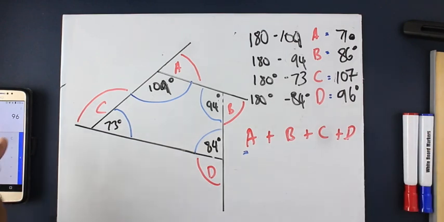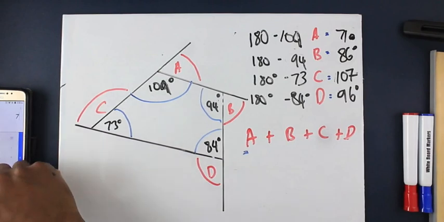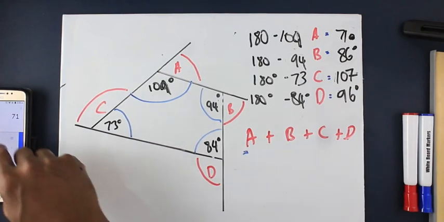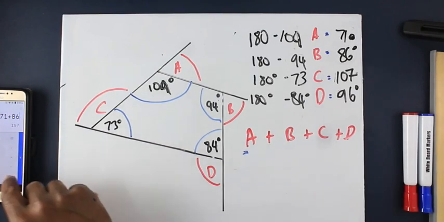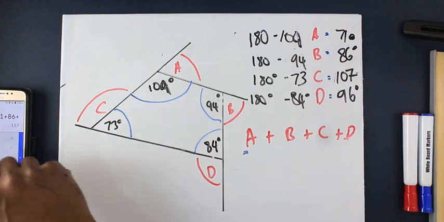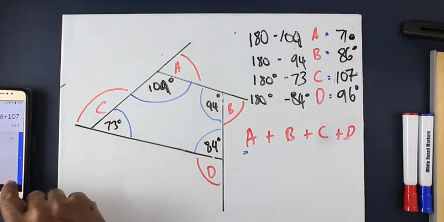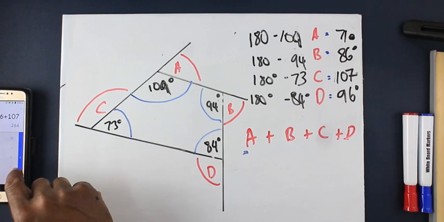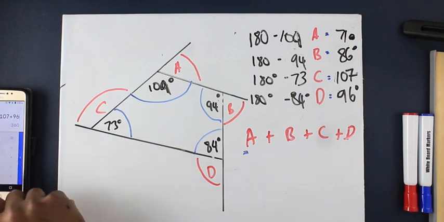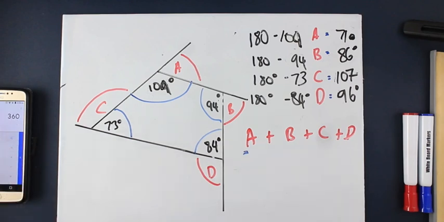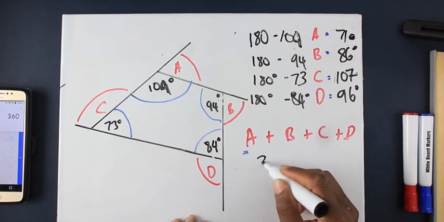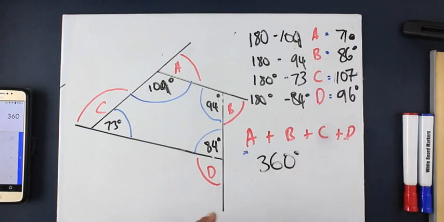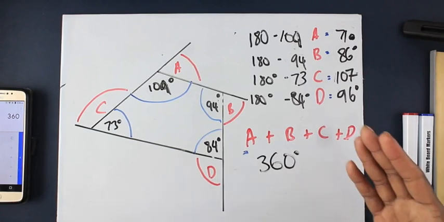So let's add A, B, C and D. So 71, B is 86, C is 107, and D is 96. Well, what do you know? That also equals 360 degrees. Now that's interesting, isn't it?